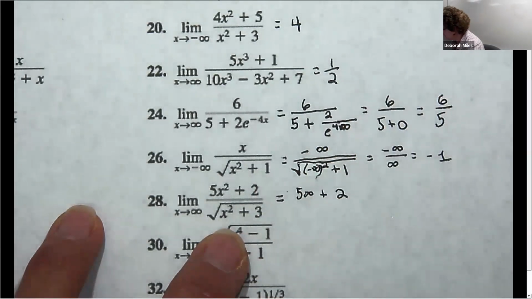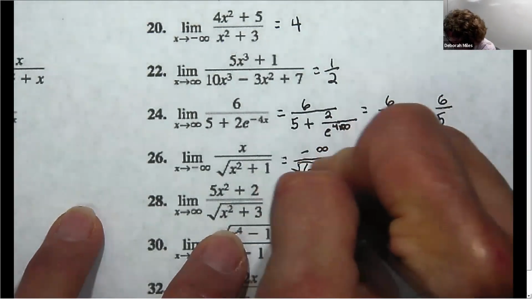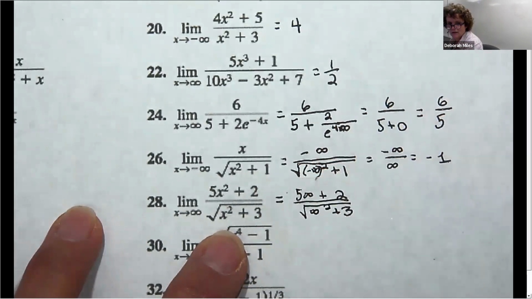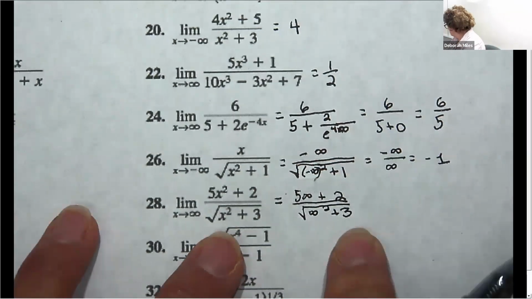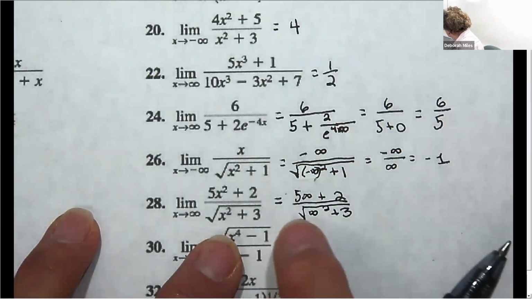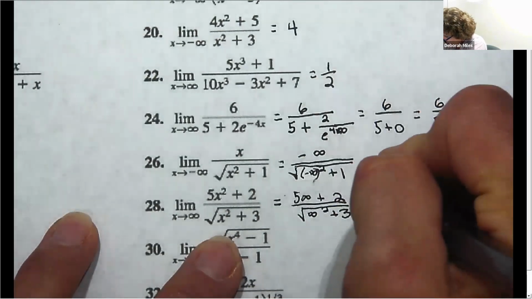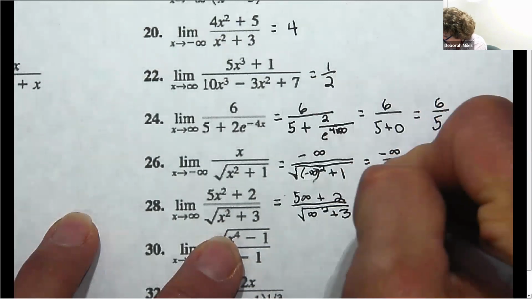Adding 2 is not going to make much difference, over square root of infinity squared plus 3. Well, that plus 3 is not going to make much difference. Square root of infinity squared is going to be what? Infinity, and 5 times infinity divided by infinity.